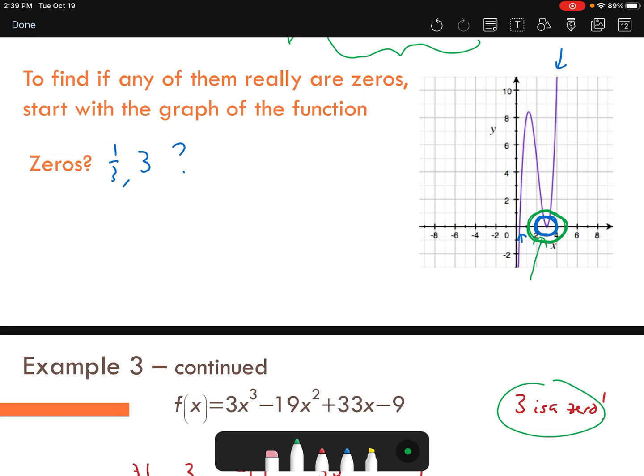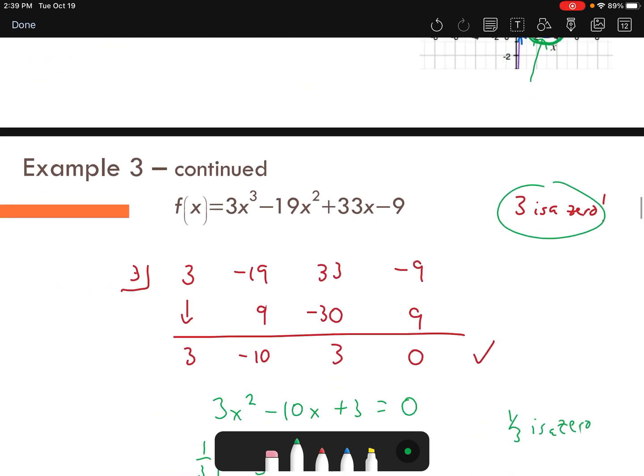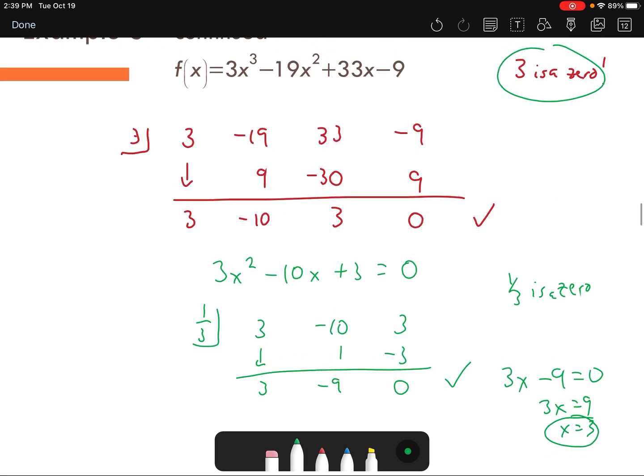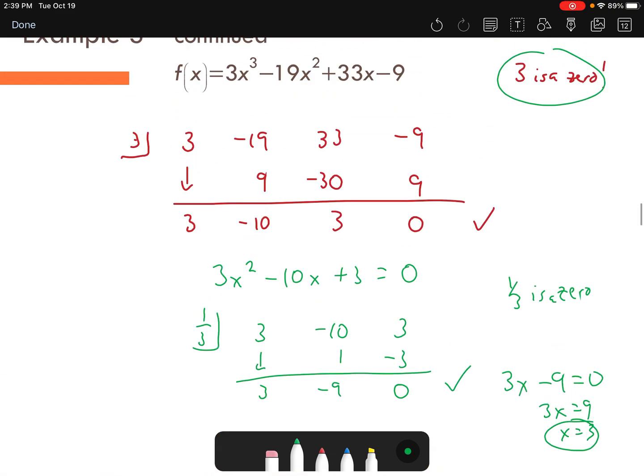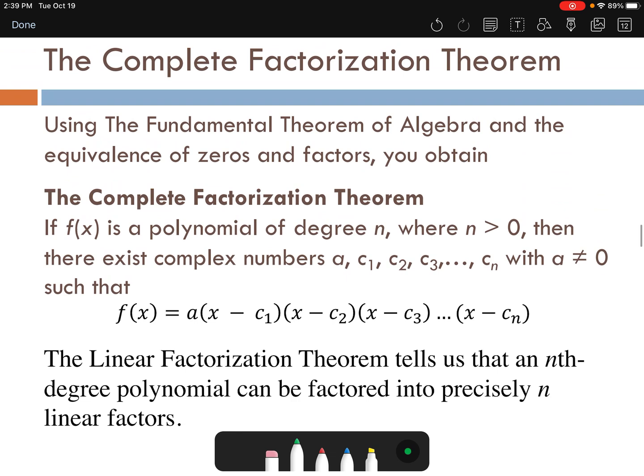When it bounces off the x-axis, it's a quadratic, or it's to the second power, to the fourth power, etc. But it's an even power. So therefore, we have a multiple 0 of 3, and our other 0 is 1/3. Cool. And there's our 3 zeros.